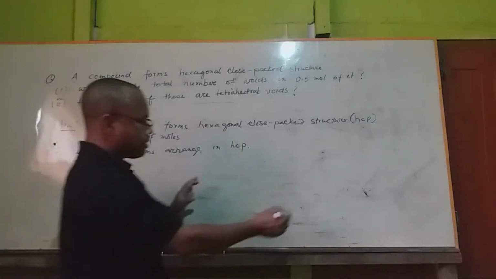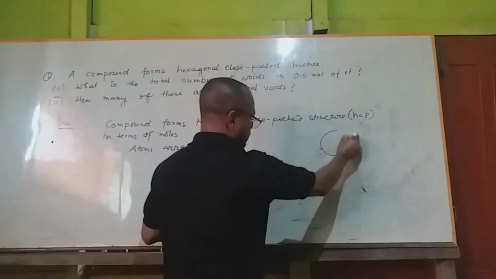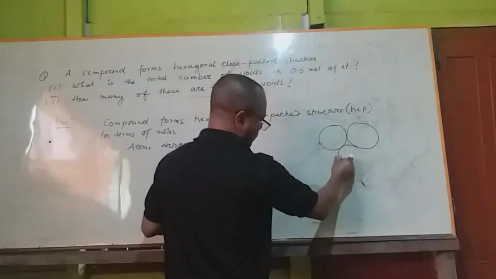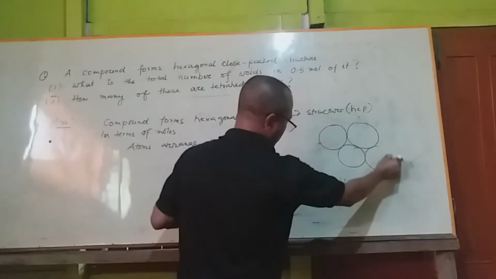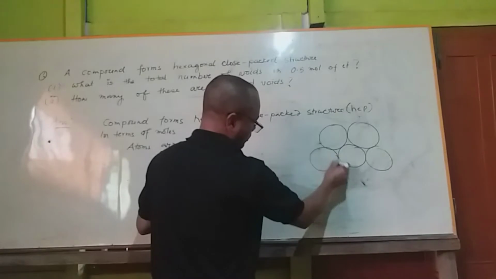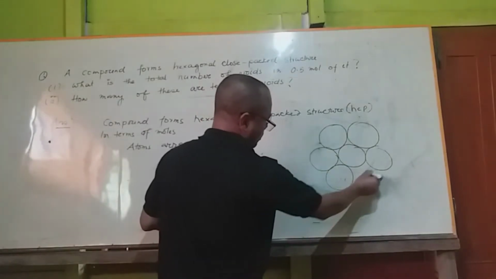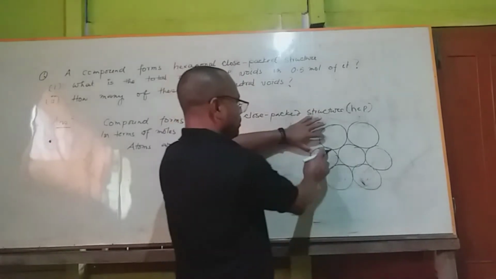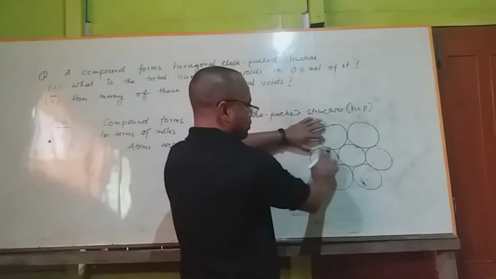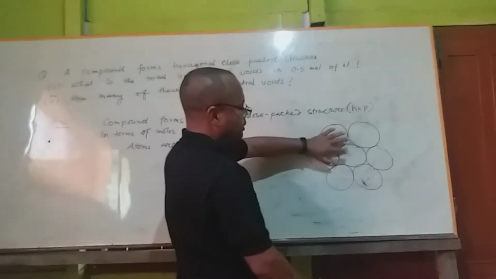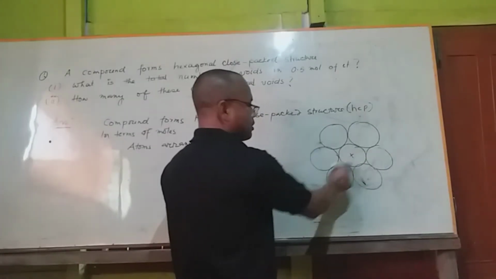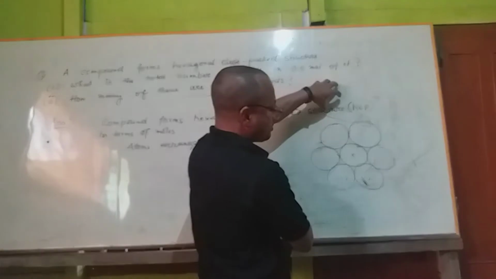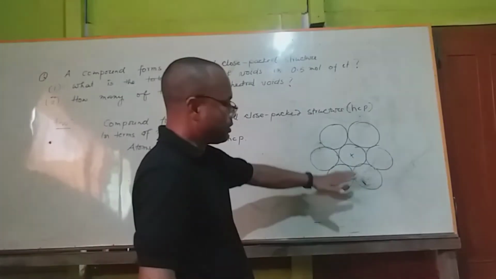How is the HCP? Let me show you. Suppose these are the atoms: 1, 2, 3, 4, 5, 6. So these 6 atoms surround one atom which I marked, and above this layer there are 3 more spheres and 3 more spheres below it.